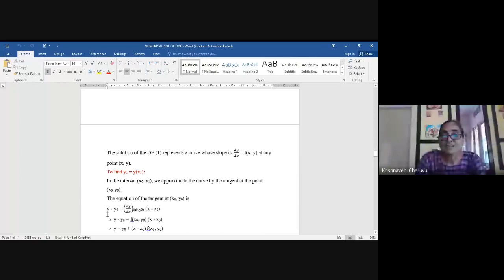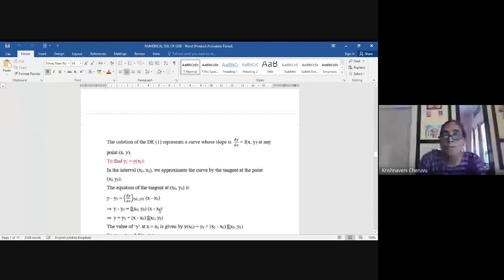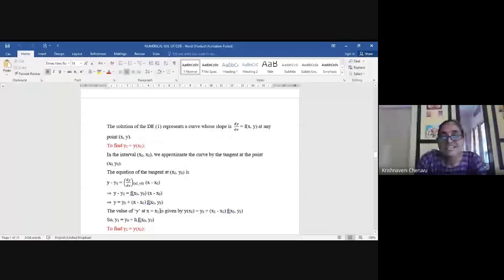So equation of the line passing through the point x0, y0 is y minus y0 is equal to m, where m is the slope, into x minus x0. Here dy by dx at x0 y0 is denoted by f of x0 comma y0. So I replace dy by dx at x0 y0 by f of x0 comma y0. So y minus y0 is equal to f of x0 comma y0 into x minus x0.